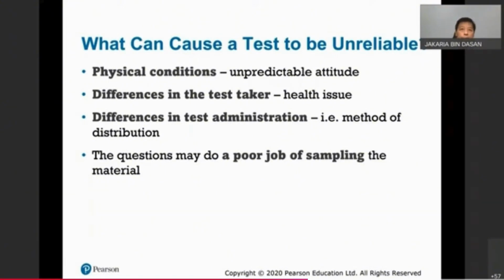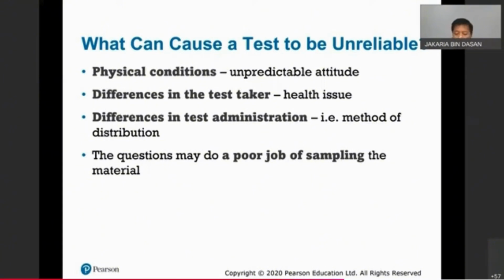And this is also similar to the second one, differences in the test taker's health issues. Differences in test administration, for example, should be done in a different approach. However, we might use another approach. If we do research, we distribute questionnaires, whether randomly or maybe through the head of a particular organization. I'm using the analogy of doing research in explaining this.